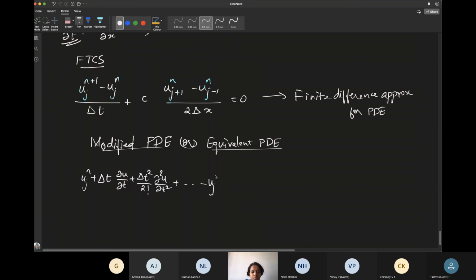Then you have this minus u j n. This way you expand each of these terms further again using Taylor series.